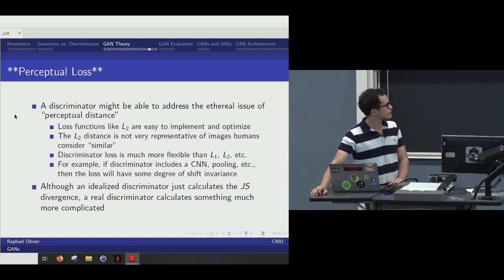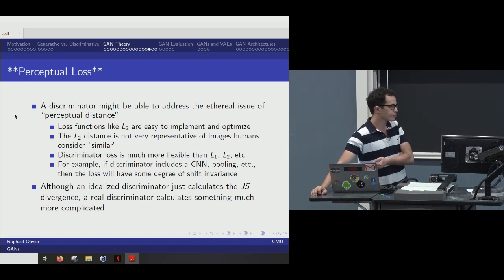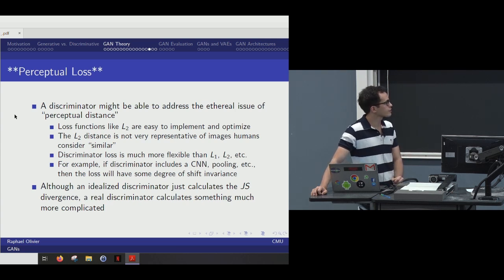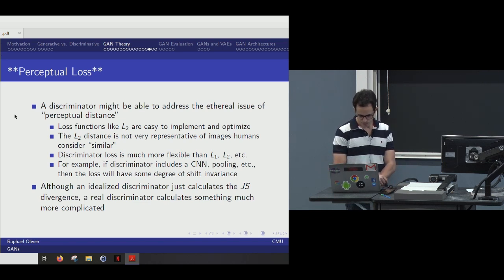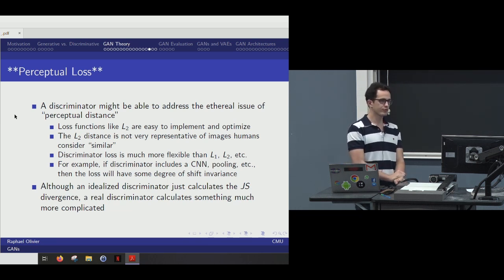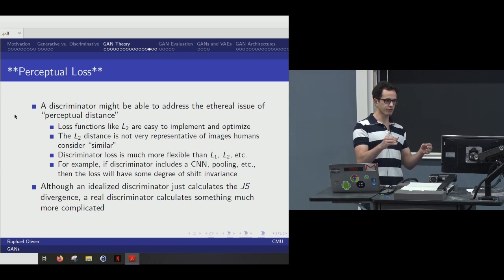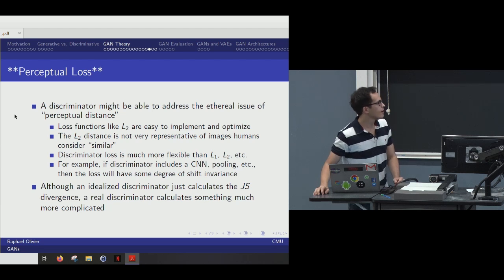All right, so the next couple of slides are both a bit out of topic, but also in a way the most interesting things we're going to talk about today. But we're going to stay high level on that. So that's about perceptual distance. When you train images to be like this or like that, you use a loss like the L2 loss, which is supposed to say that if the images are different, this thing is going to be big, and I'm going to try to make it small, and it's going to get me wherever I want.